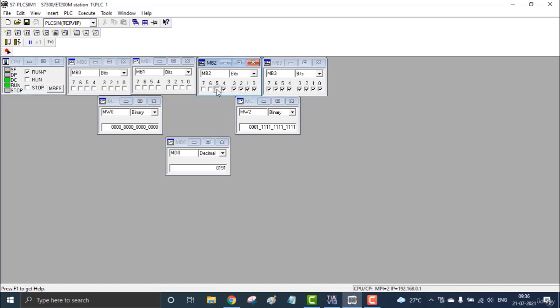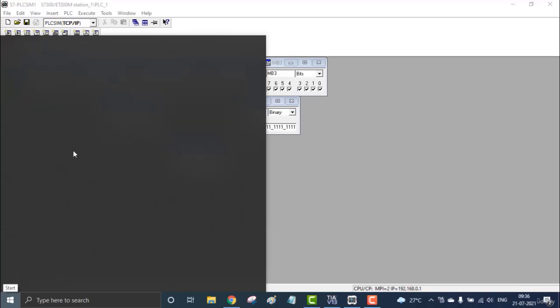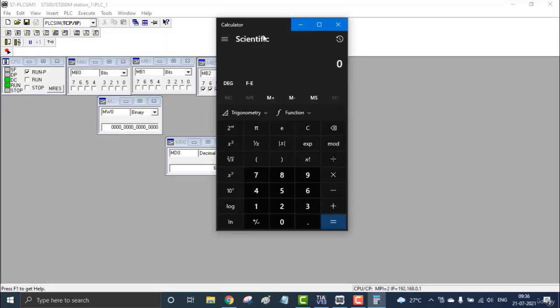So this is the memory organization. The total data that can be saved in 16 bits is 65,535, something like that. Let me clarify that for you. I'm taking a calculator to make it clear.